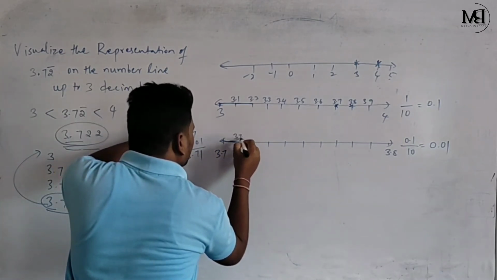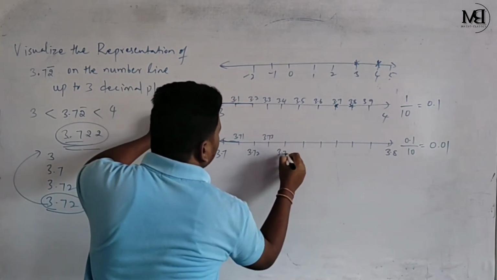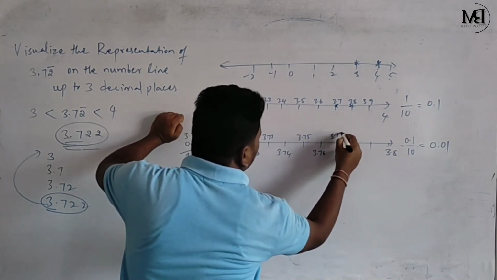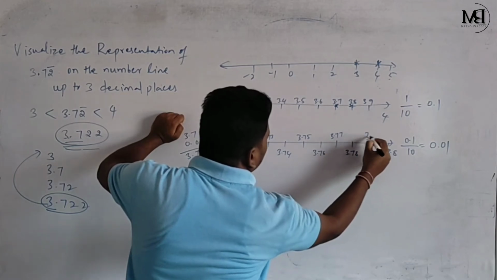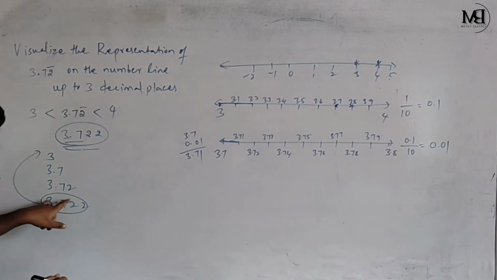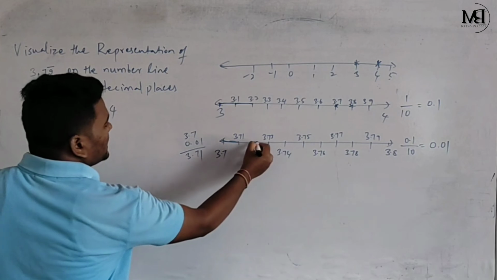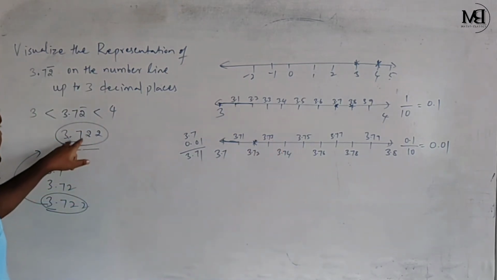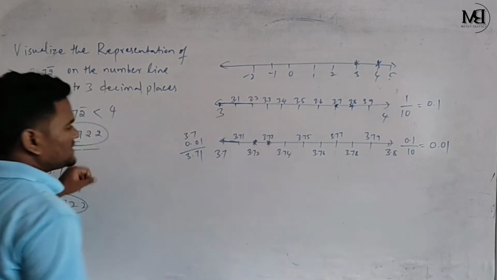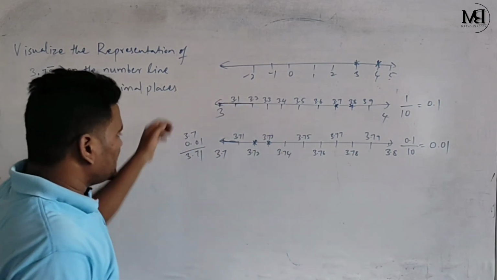Next 3.72, 3.73, 3.74, 3.75, 3.76, 3.77, 3.78, and then 3.79. Where is the location of 3.72, my dear children? Here it is. This 3.722 is in between 3.72 and also 3.73.